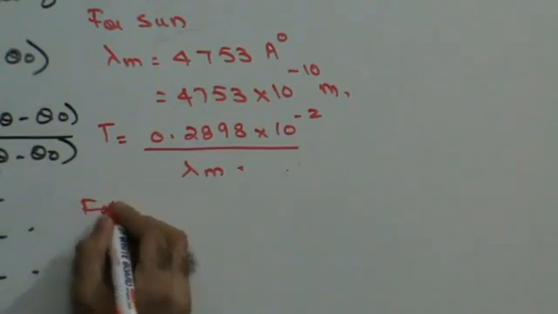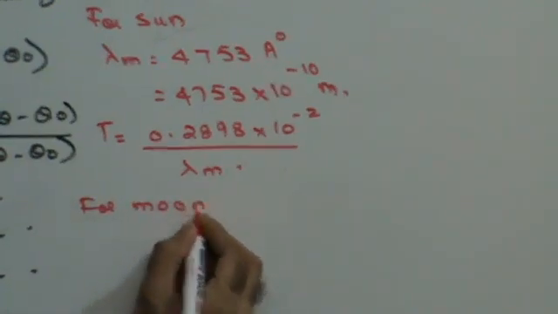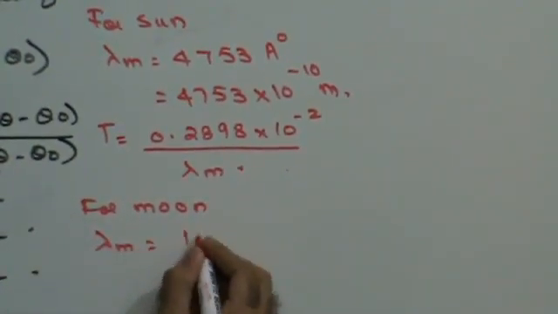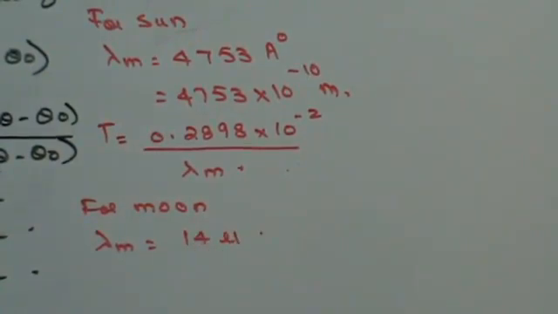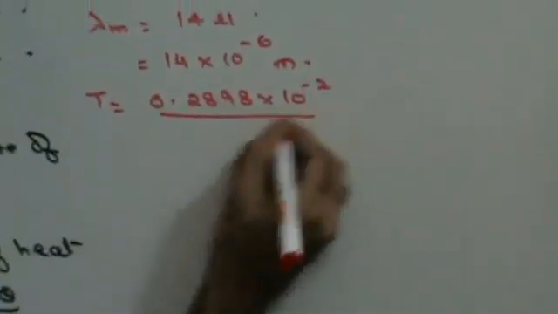Now for the moon, they've given you that lambda m is 14 microns, right? So that means for the moon this is 14 into 10 raised to minus 6 meters. Once you have this, then I can find out the temperature of the moon, 0.2898 into 10 raised to minus 2 upon lambda m.